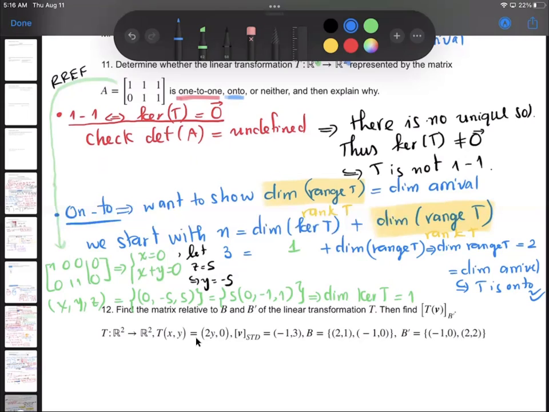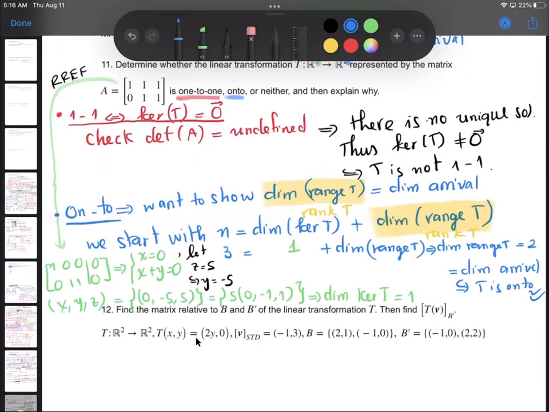If I want to find the matrix from B to B prime, here I have T of V1 and some value here, and T of V2 and some value here. And I'm going to express this in terms of B prime. This here is 2 by 2, of course.